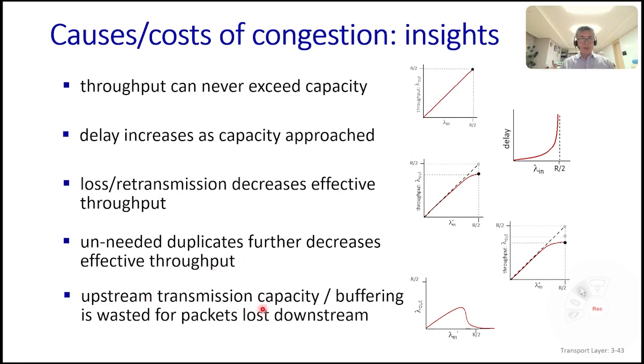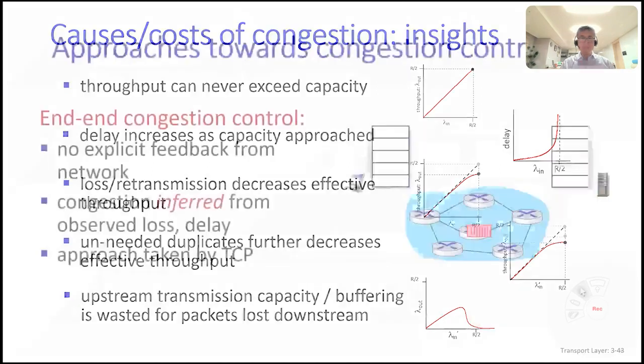Upstream transmission capacity and buffer are wasted for lost packets because of competition between two connections.